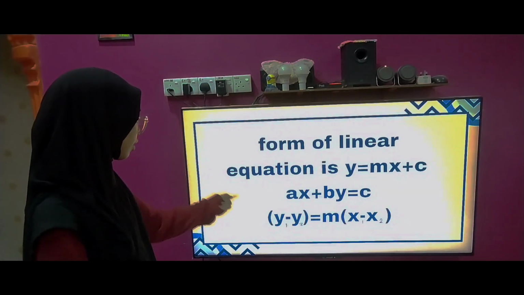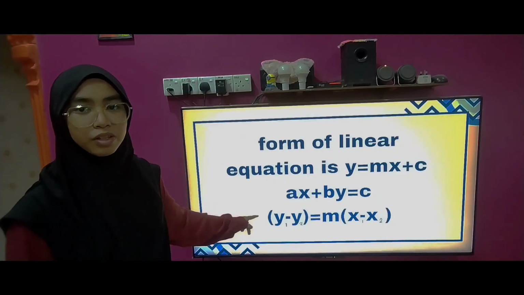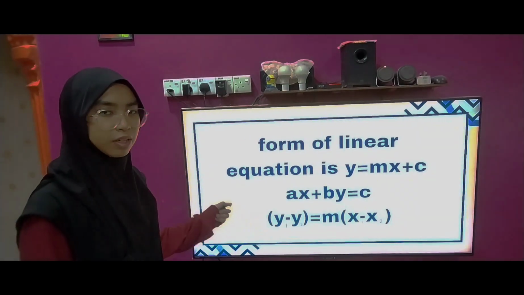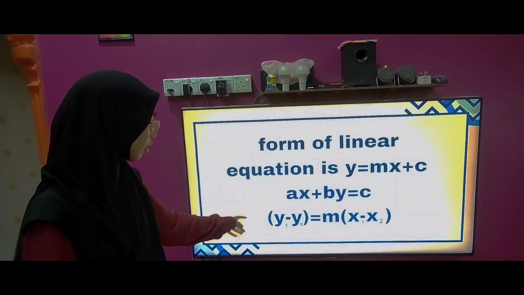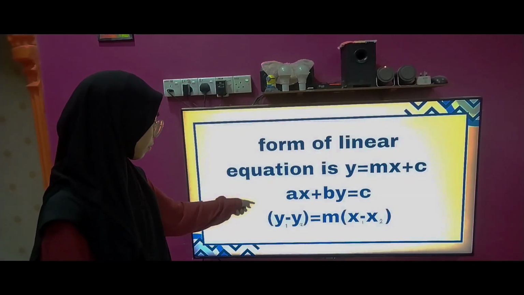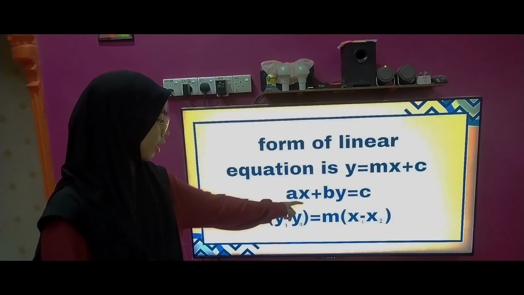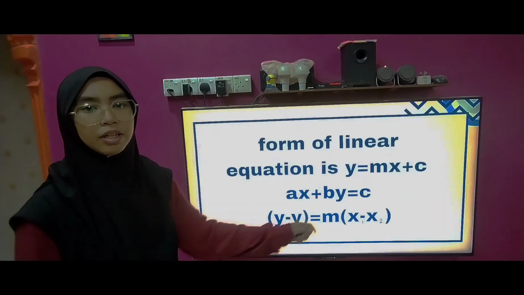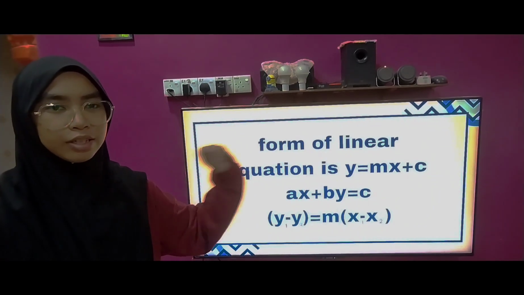So if you're wondering, these third equations right here are specifically to find the value of the gradient, which is m, which I'll explain later. But the y1 and y2 and x1 and x2 are specific coordinates that lie on the straight line.